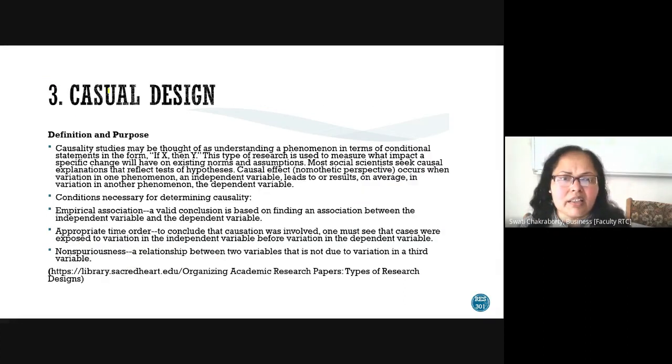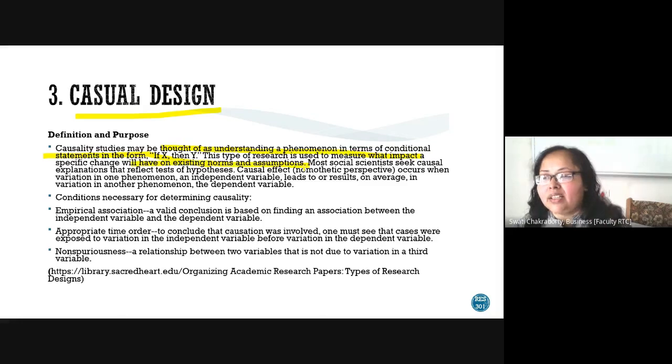The third type is causal design, which may be thought of as understanding a phenomenon in terms of conditional statements in the form if X then Y. It is basically used to measure the impact of a specific change on the existing norms and assumptions.